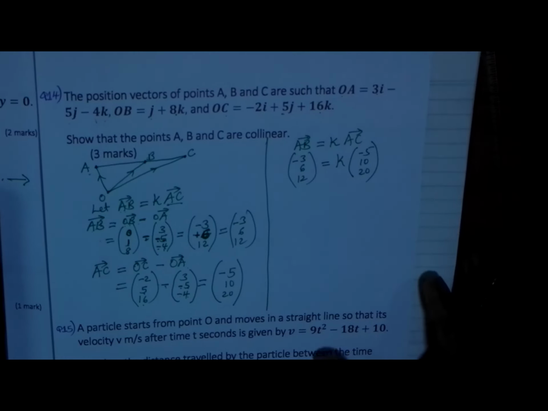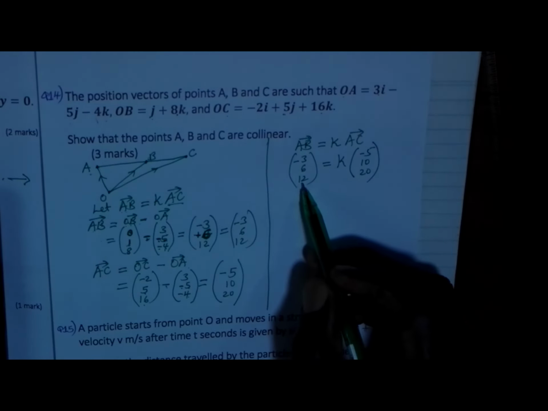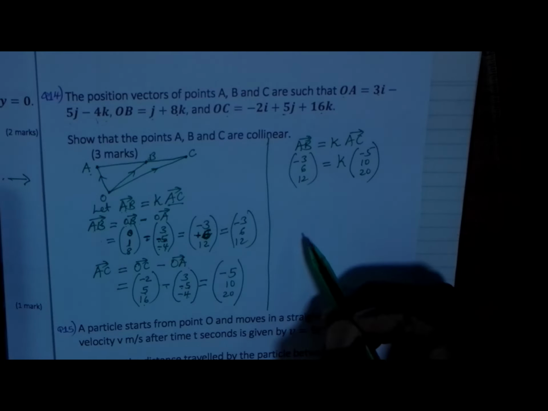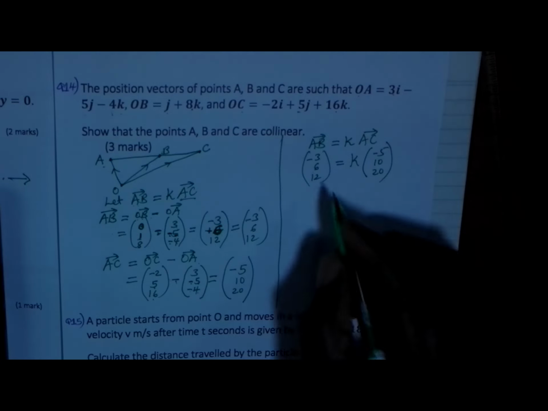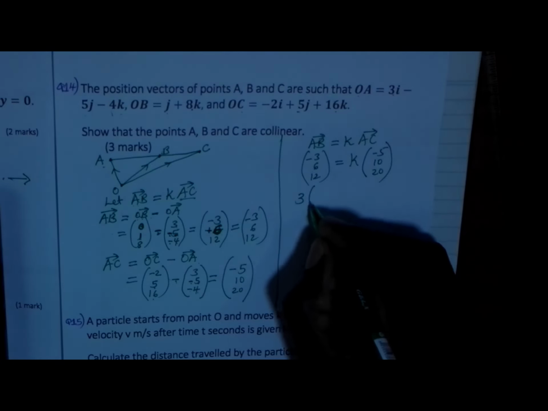So let us see whether there is something common here which can actually be divided. In the first case, we can see that we have minus 3, 6, 12. 3 is common to the three elements, so we can factor out 3.